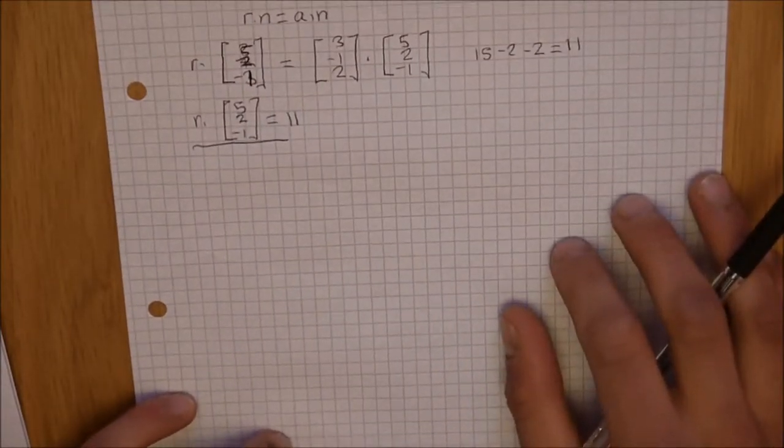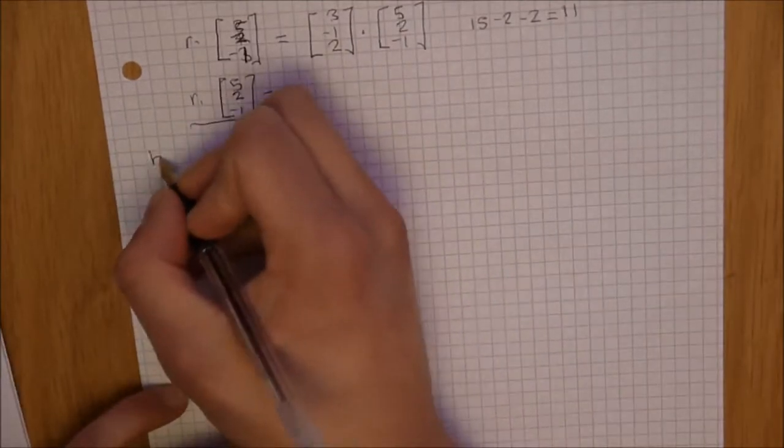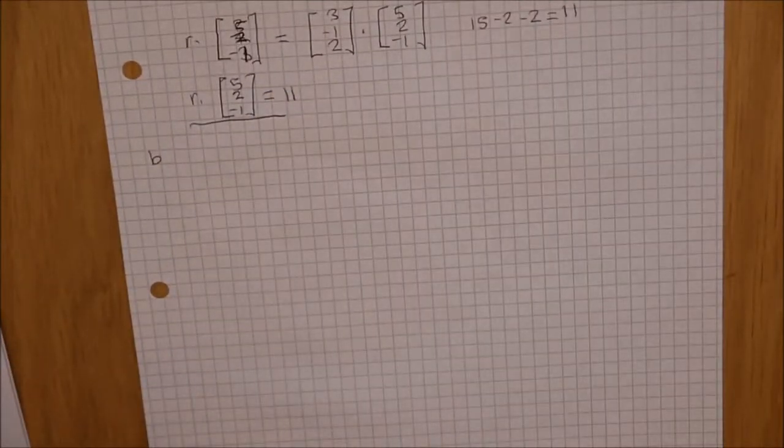Now we can move on to part B. Part B says the plane pi 2 contains the points (2, 3, 2), (4, 1, minus 1) and (0, minus 1, 2). Show that an equation for pi 2 is 2x minus y plus 2z equals d, where d is an integer to be found.